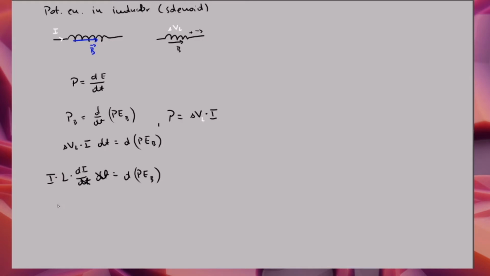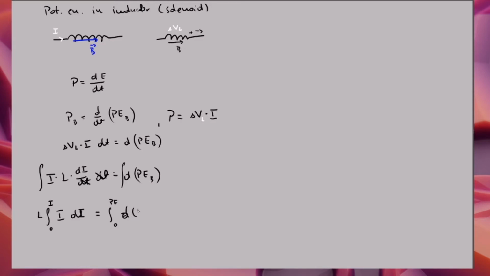And so now I'm going to integrate. On the left hand side, L is a constant that comes out, I dI, and I'm going from zero current to some maximum current. On the other side, I go from zero potential energy to some final potential energy associated with the maximum current.